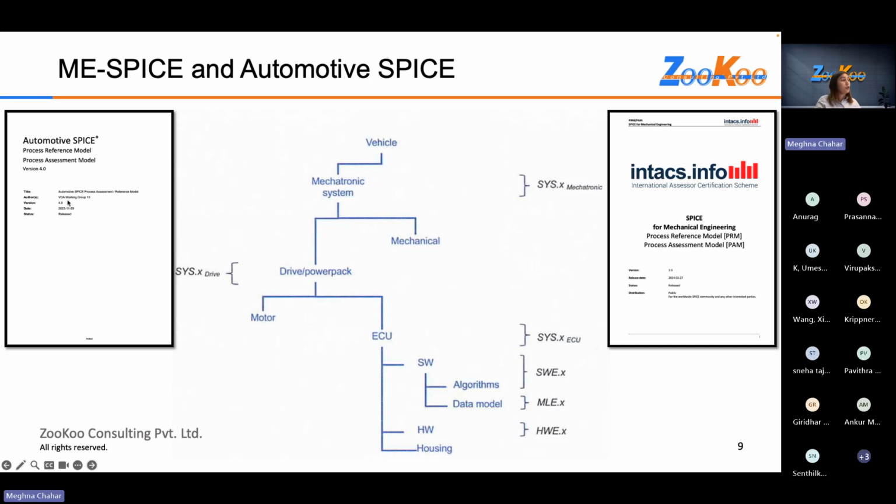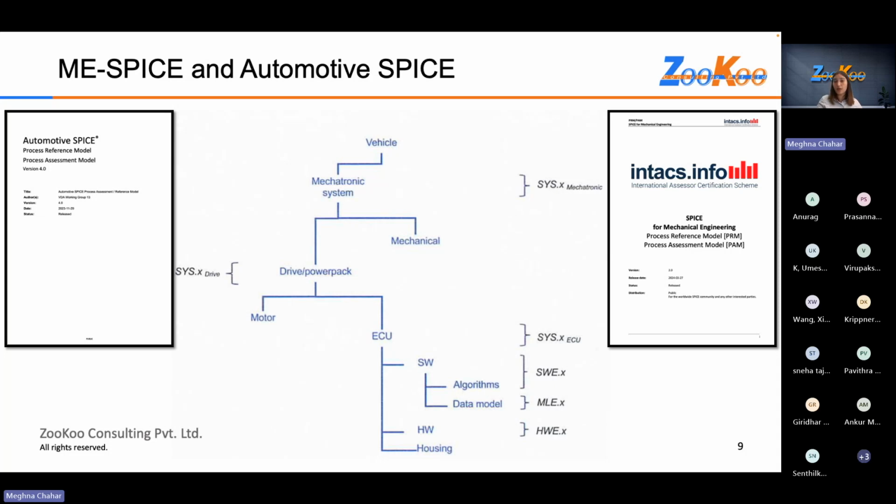And with version 4.0 of Automotive SPICE, they have introduced hardware as well as machine learning processes. Before 4.0 integration, or let's say before Hardware SPICE got integrated into Automotive SPICE version 4.0, it was already present. There was a different PAM for Hardware SPICE consisting of all 4 hardware processes.